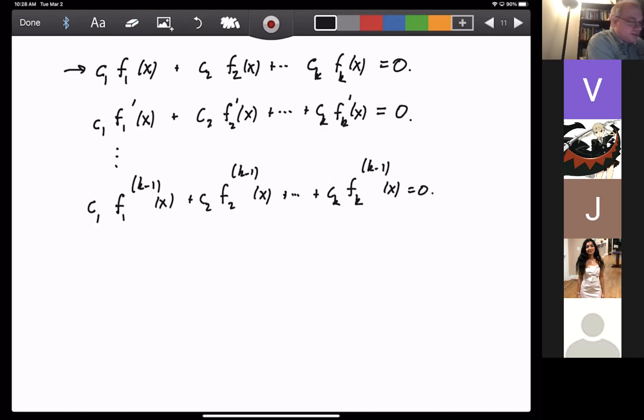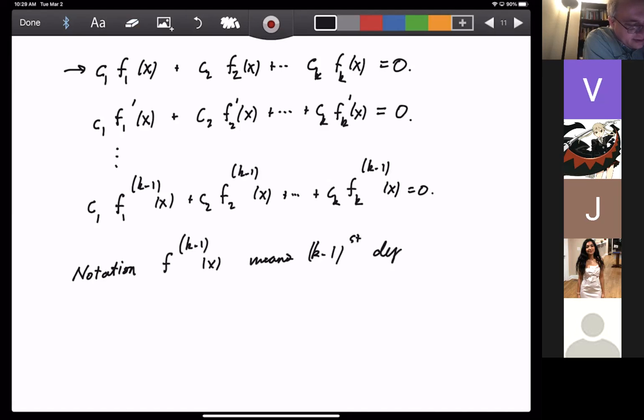So I'm using this notation here. F sub k minus 1 of x means the k minus first derivative of f.